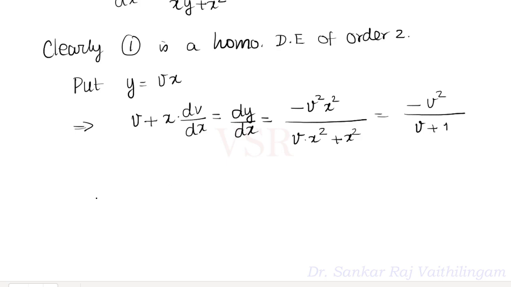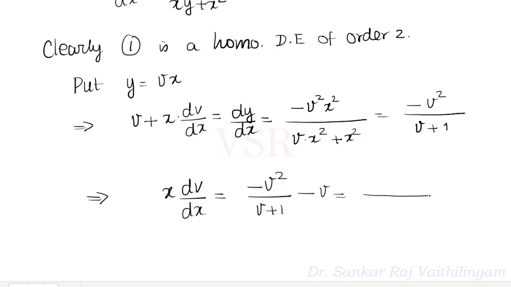So from this we will have x into dv by dx equal to minus v square divided by v plus 1, minus v. Look carefully. We need to write this as v plus 1 minus v minus v into v plus 1. So what is this?